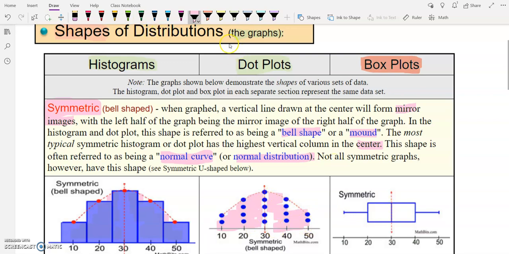And even down here in this new box plot, I know you don't know what any of this means yet, but notice that the left side is the mirror image of the right side. They all have this vertical line of symmetry. And so we call this a symmetric shape.